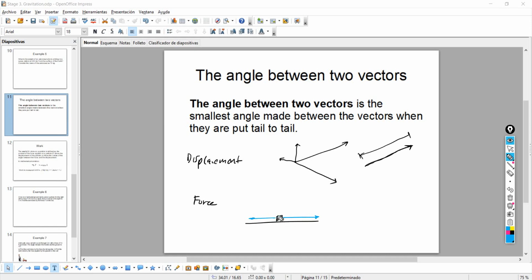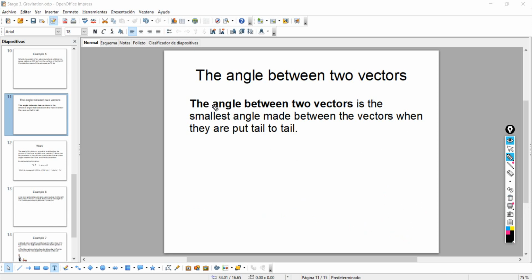Or you can even apply the same force in other directions, for example, in inclined directions, or a smaller force in this direction, etc. So force is also a vector because it has magnitude. In other words, it has size and it has direction. Okay, good. So basically, what I want you to understand is this, guys. We're going to represent vectors by arrows, just like this, okay? All of these things for us are vectors, these arrows.